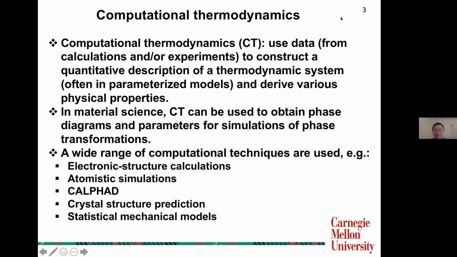Computational thermodynamics uses data from calculations or experiments to construct a description of a thermodynamic system, usually in parameterized models, and we derive various physical properties based on this model. In material science, it can be used to obtain phase diagrams and parameters for simulations of phase transformations. And we have used a wide range of techniques in it, ranging from electronic structure calculations to statistical mechanics models.